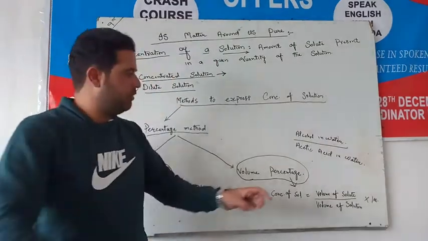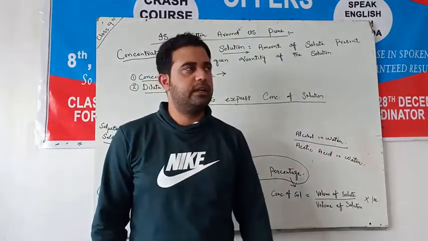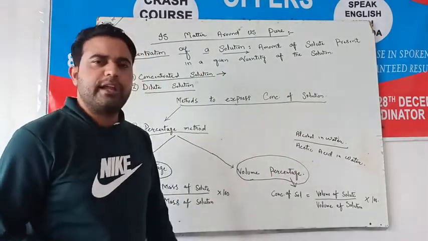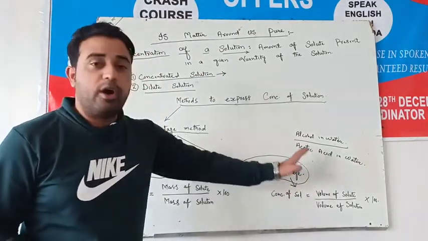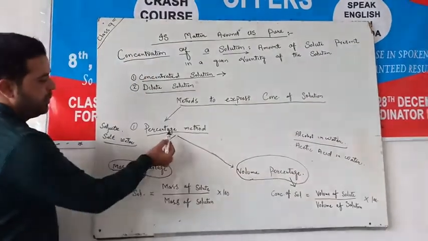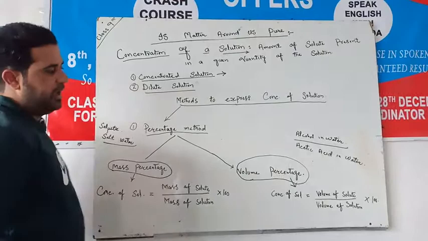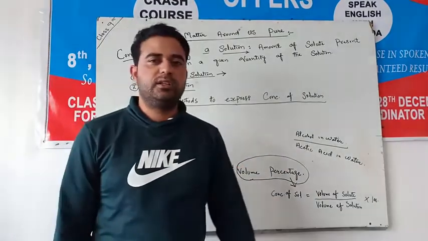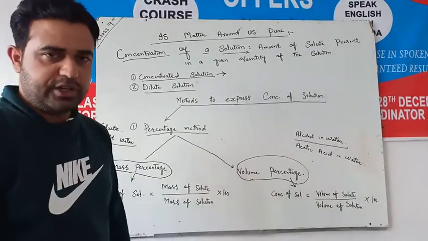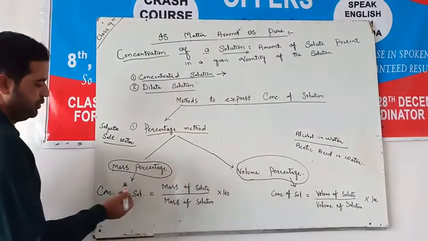When we dissolve alcohol in water, or acetic acid, that is vinegar, in water, how can we determine the concentration? We use the volume percentage method. So these two methods, mass percentage and volume percentage, are the two methods with the help of which we can determine the concentration of a particular solution.